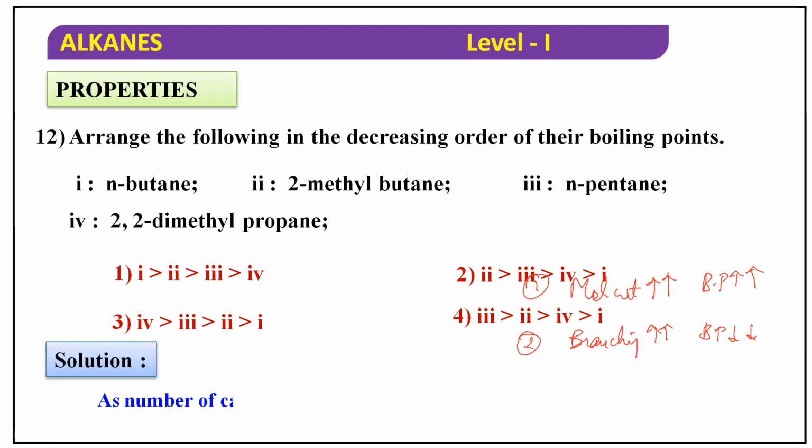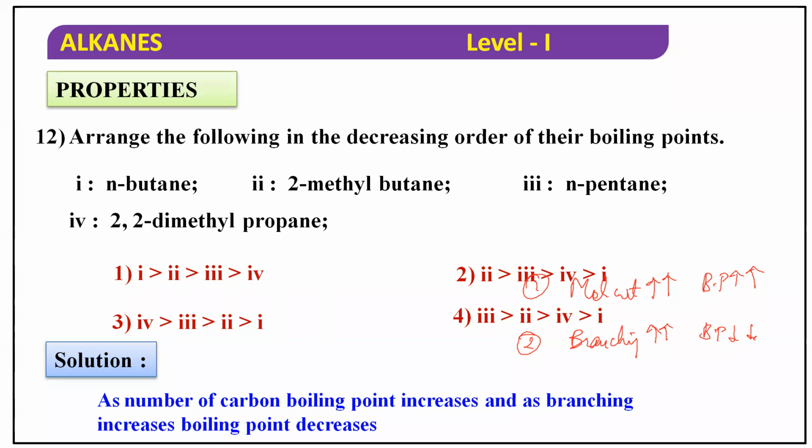So in this case, the answer will be the fourth option, which is normal pentane, 5, then 2-methyl butane, still 5 carbons, right? Then 2,2-dimethyl propane, still 5 carbons are there, and then normal butane.